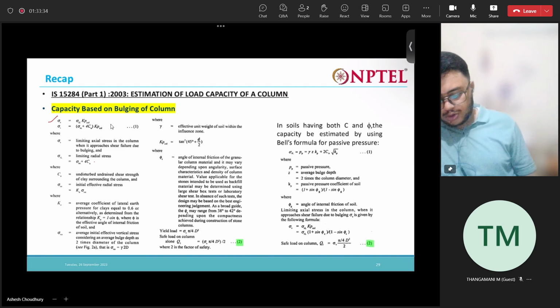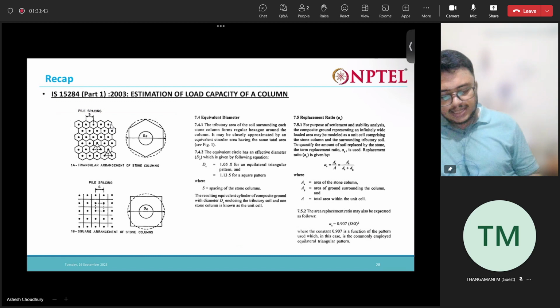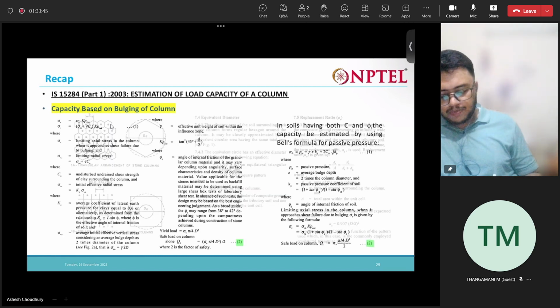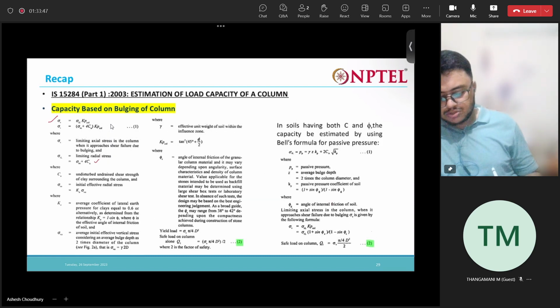Sigma V naught is nothing but gamma times 2D, where D is the diameter of the stone column. Everything is actually detailed in the code. So finally we can get sigma v like this.